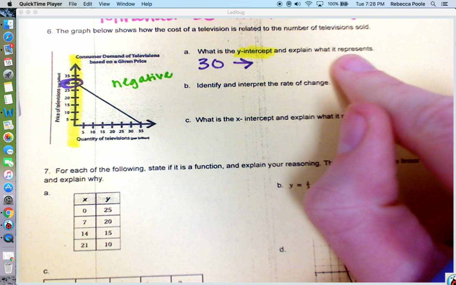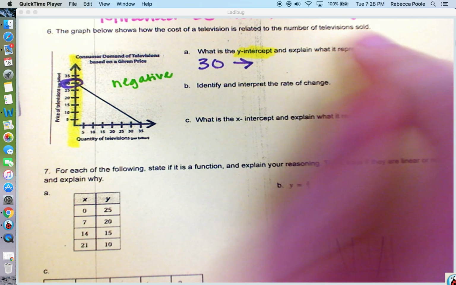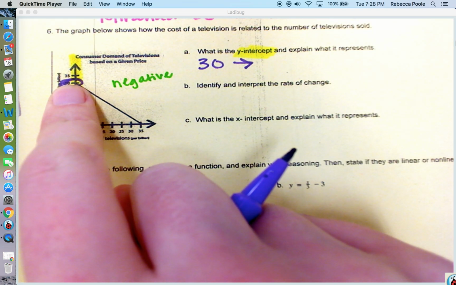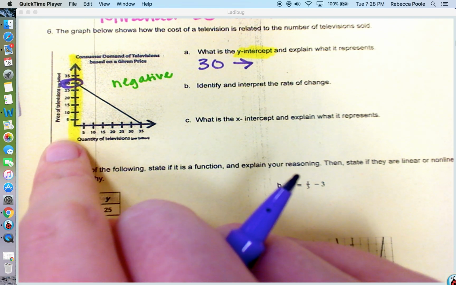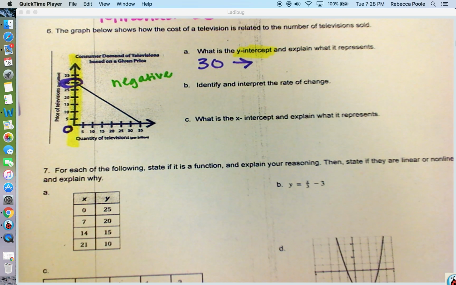We want to explain what it represents. So the 30 is the y-intercept. If it's a y-intercept, that means the x was 0.